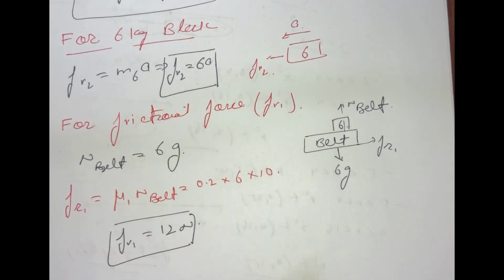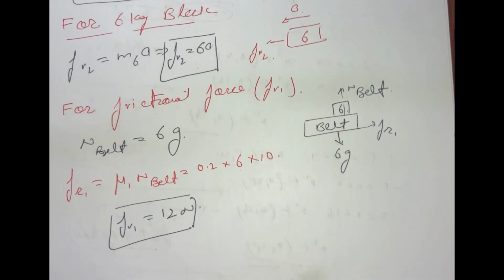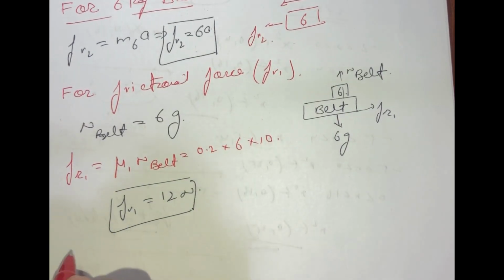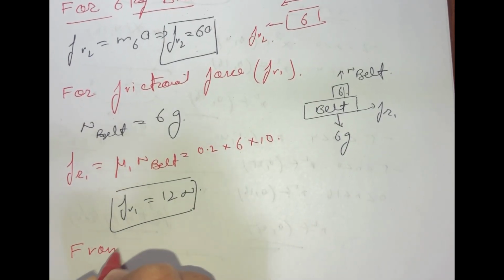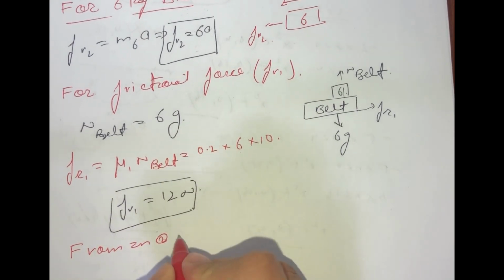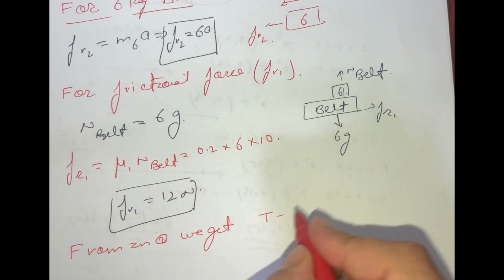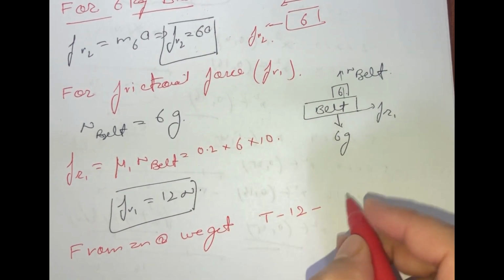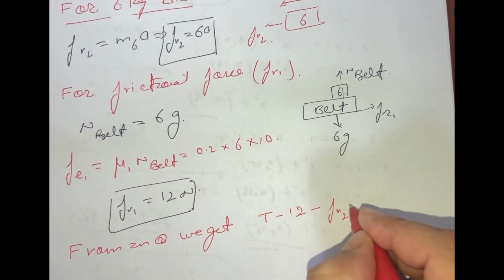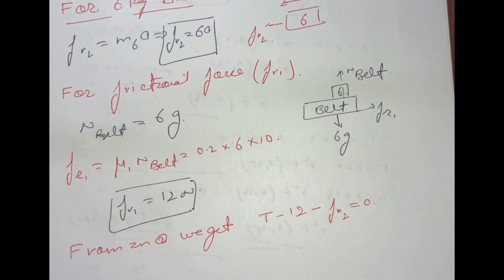So substituting this value in equation number 2, from equation 2 we get T minus 12 minus Fr2 equals 0.